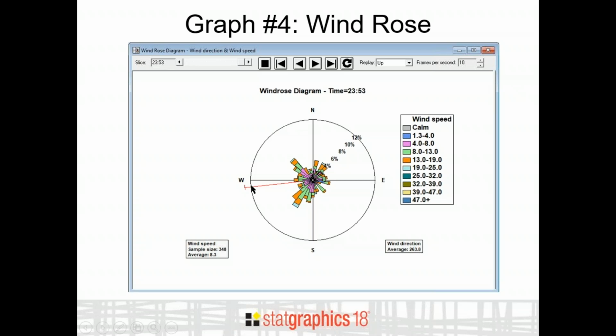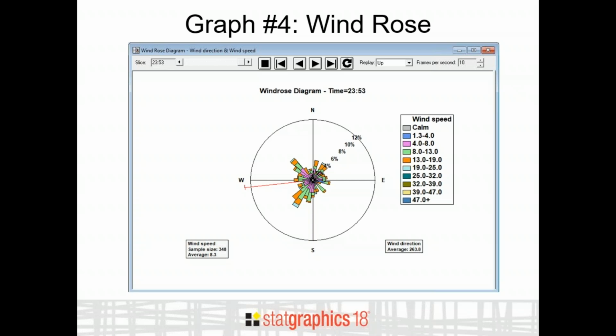There's also something called the resultant vector, which is a weighted average of the direction from which the wind was coming. Slightly before midnight, that weighted average in this case was pretty much due west, from the west. You can also see of the 348 observations, the average wind speed was 8.3 miles per hour.